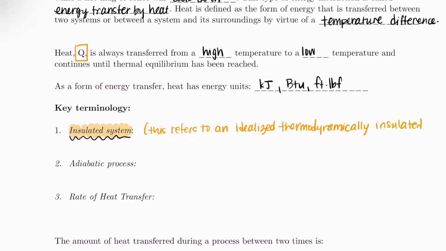That's worth noting here because a purely insulated system only exists in theory, right? As much as we may want to insulate something in real life, it's not going to be perfect. Okay. So in this kind of theoretical insulated system, this means that we have no heat transfer interactions between a system and its surroundings.